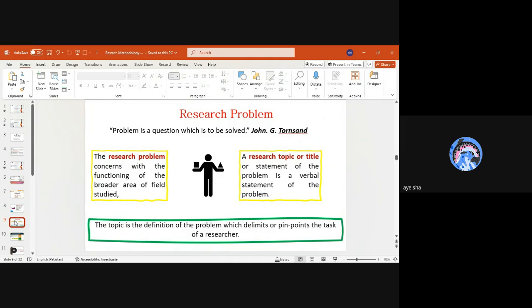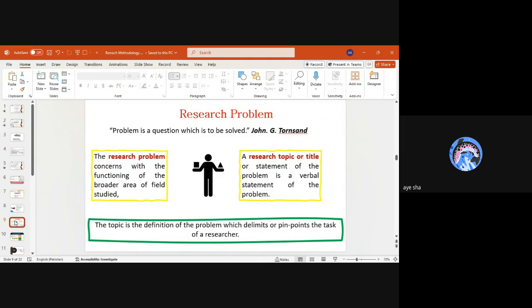As you can see on the screen, this is the basic definition: the research problem concerns the functioning of the broader area of the field studied, and the research topic or statement is actually the statement of the problem. But in reality, what is the difference? Now, these things are totally different. Keep that in mind. What is a title? A concise or descriptive gist, a statement.